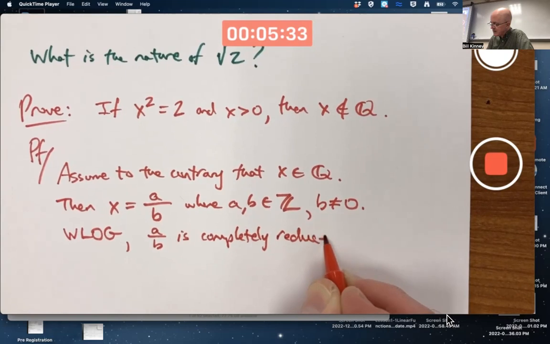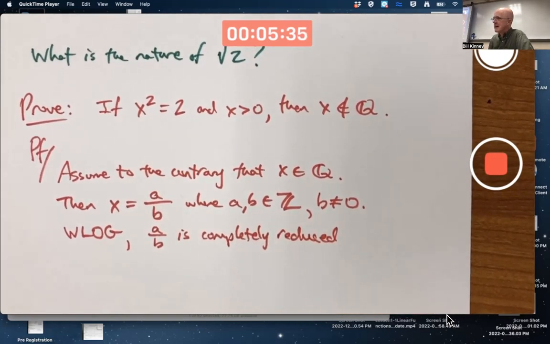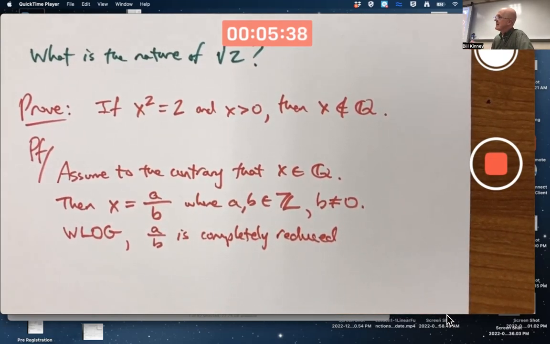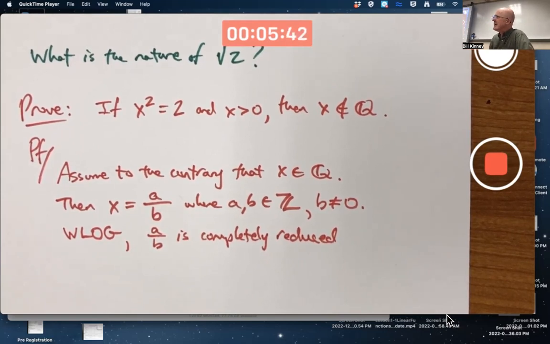You have reduced that fraction to lowest terms, you might say, which, and here's the relevant part about that, in particular means either A or B has got to be odd, one of those two, maybe even both of them. They can't both be even, because if they were both even, you could reduce it further, right? 6 divided by 8 can be reduced to 3/4. You could always factor out a 2 and cancel the 2's. So at least one of those has to be odd.